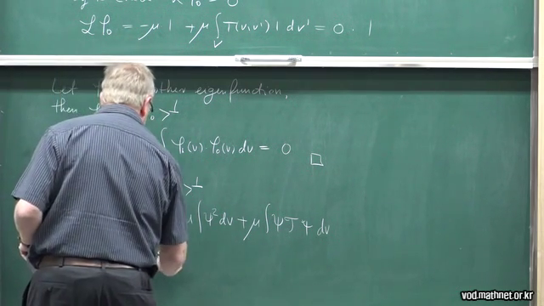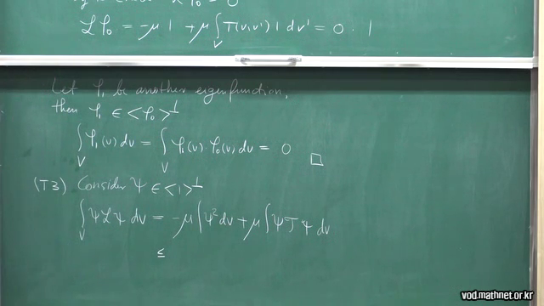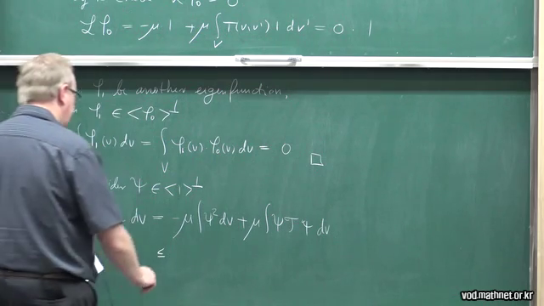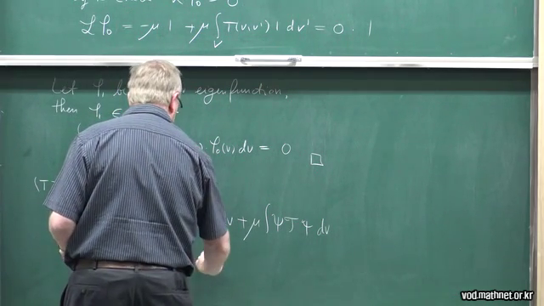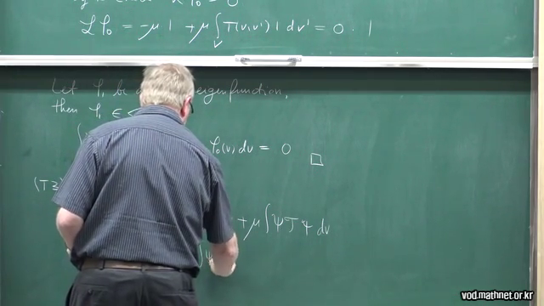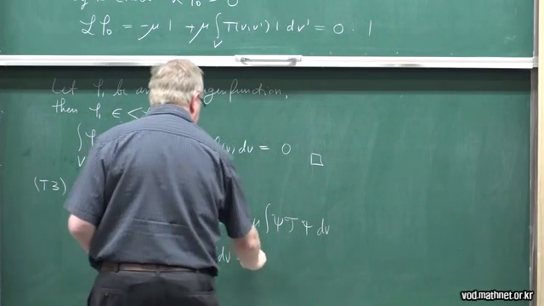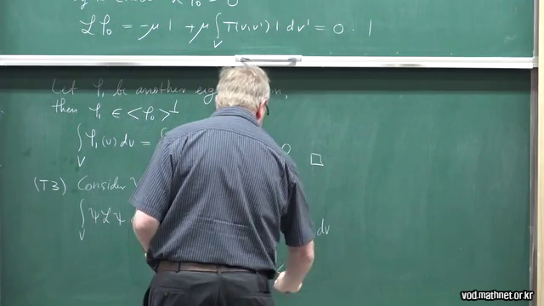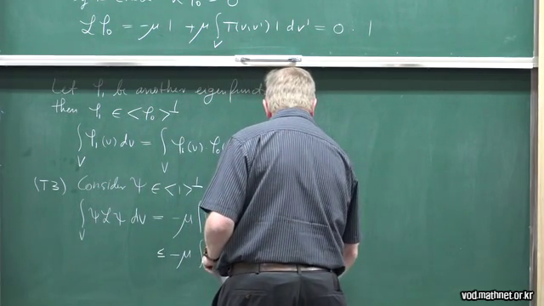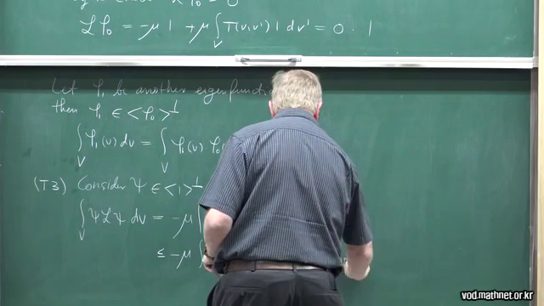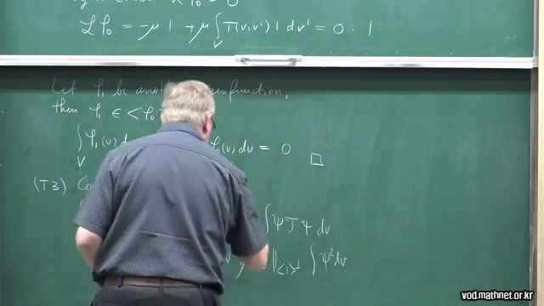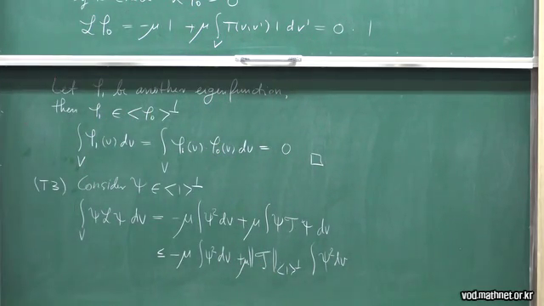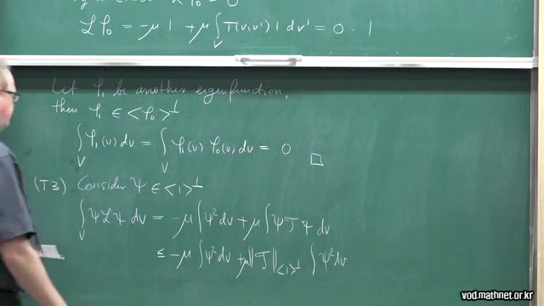But then I can estimate the second term by the operator norm of T. So then I get this is less or equal minus mu integral psi squared dv plus mu times the operator norm of T in the orthogonal subspace times integral psi squared dv. So that's basically the definition of an operator norm.